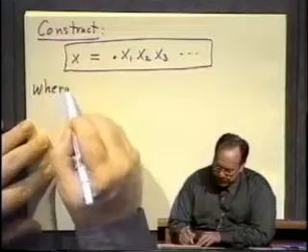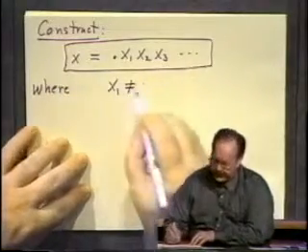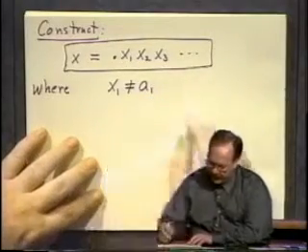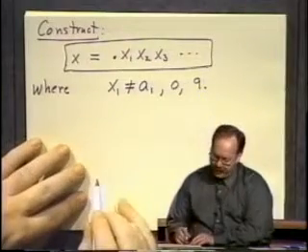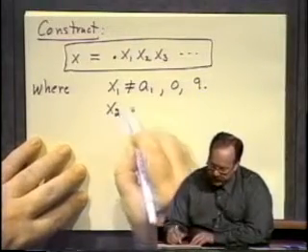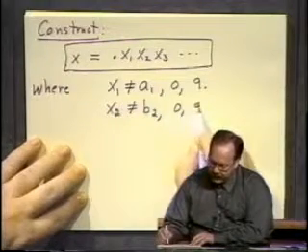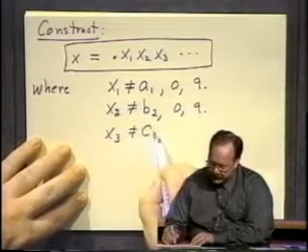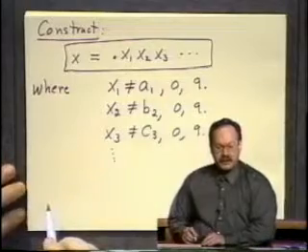Where x1 is any digit at all, but it is not equal to a1, as on the previous page, which I will bring back. It is also not equal to 0 or 9, and I'll explain that in a moment. Then x2 will not be equal to b sub 2, or 0 or 9. Similarly, x3 will not be equal to c sub 3 or 0 or 9. And we continue this until I get all the decimals out to infinity.